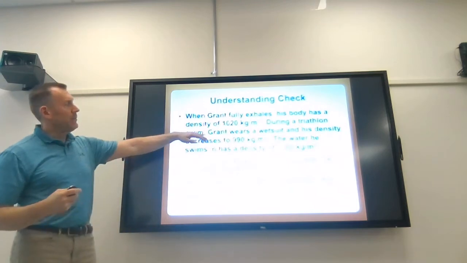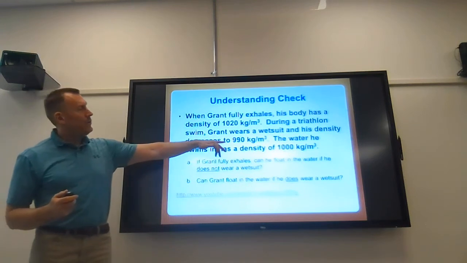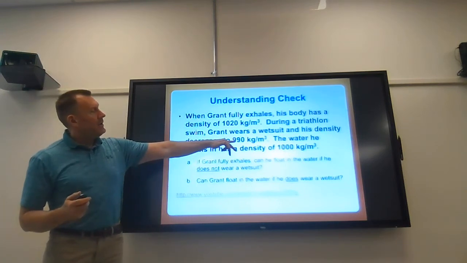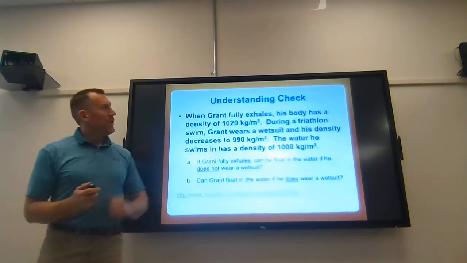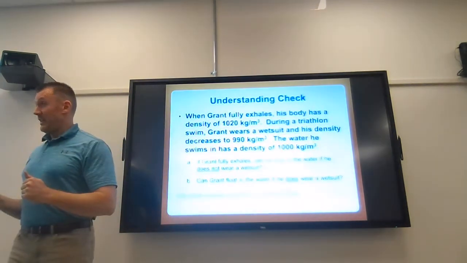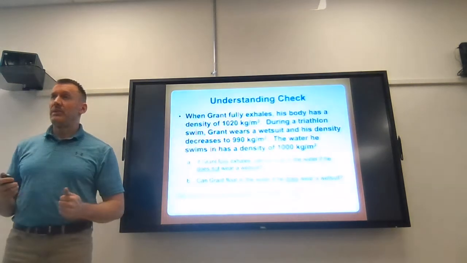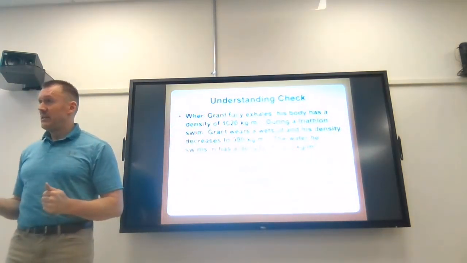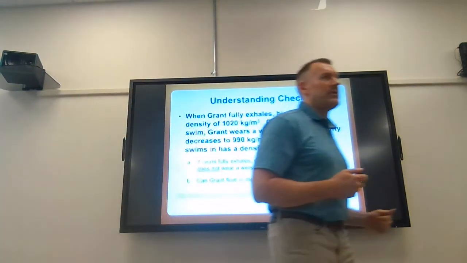During a triathlon swim, Grant wears a wetsuit, and his density decreases to 990 kilograms per meter cubed. So what the wetsuit does is it increases his ability to float because his density is less. Allie, are you allowed to wear a wetsuit for triathlon?